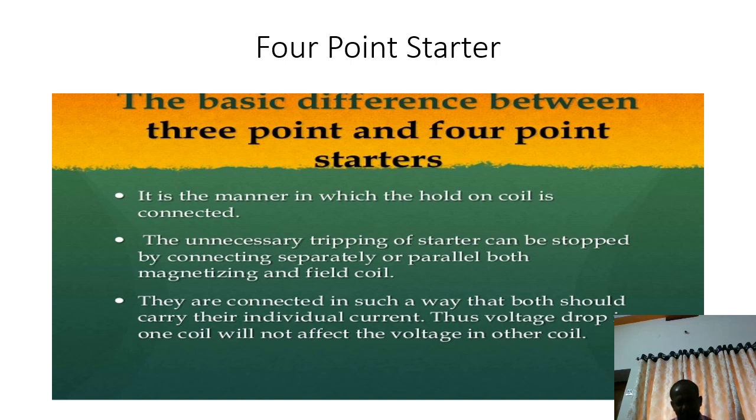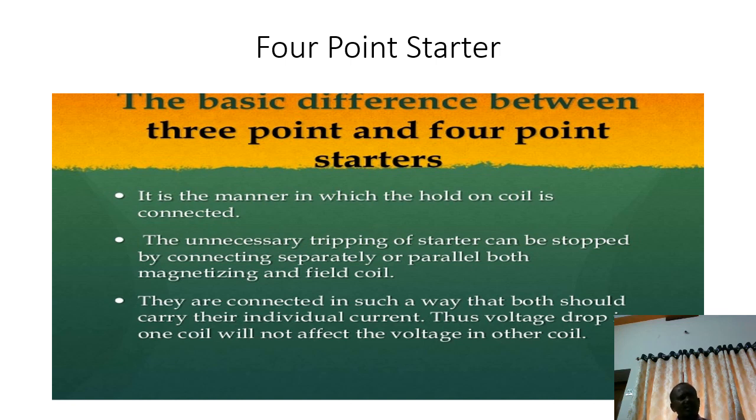The difference between 3-point and 4-point starters: the 3-point starter has three terminals L, F, A. L, line, is connected to the positive terminal, F is connected to the field winding of the shunt motor, and A is connected to the armature winding. The 4-point starter has four terminals L, F, N, A. L is connected to the positive terminal, F to the field winding, and A to the armature winding.